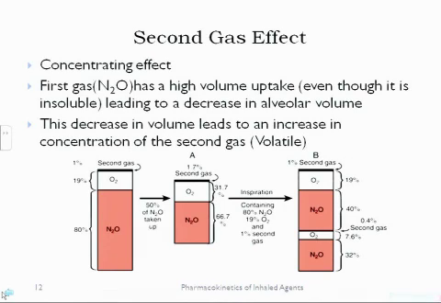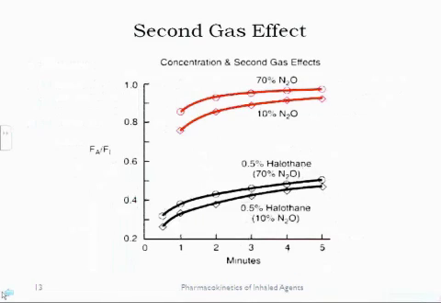And when you're talking about the newer gases, which we'll talk about sometime next week, which is xenon, it also has a second gas effect. Okay, so you can actually use some of these agents to have second gas effects as well. The second gas effect, if you look at this example, let's take two examples. One, we're using nitrous oxide at 70%. You can see that the person gets up there pretty quick with 70%, versus 10%.